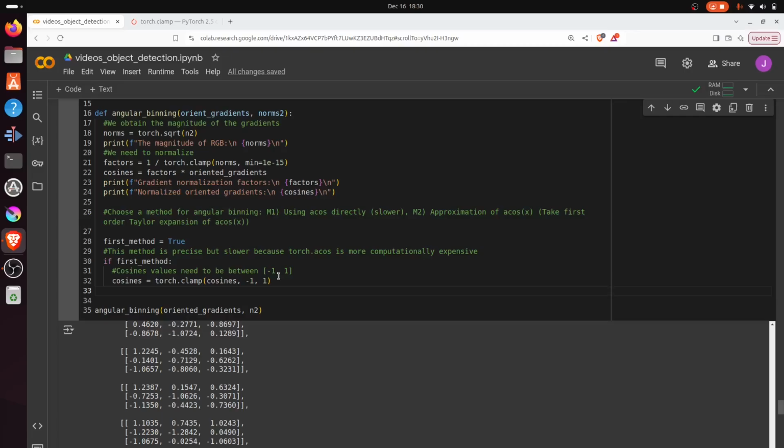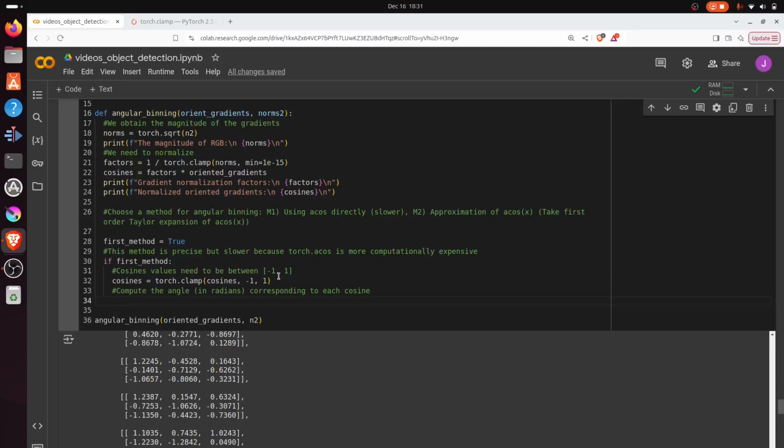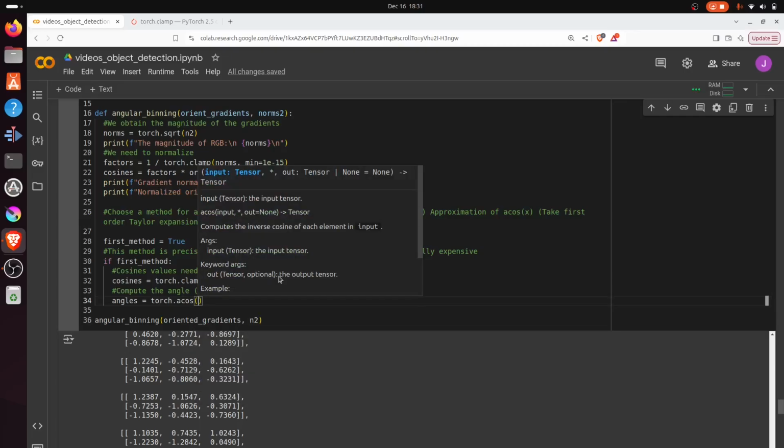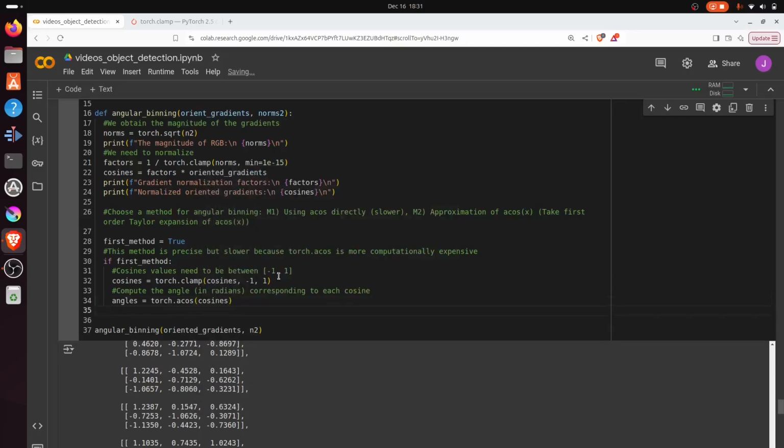So let's compute the angle, in radians, that corresponds to each cosine value. Essentially, the angles are going to be the arc cosine of the given element.